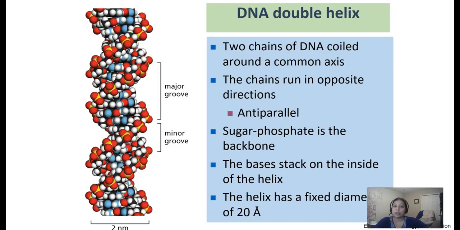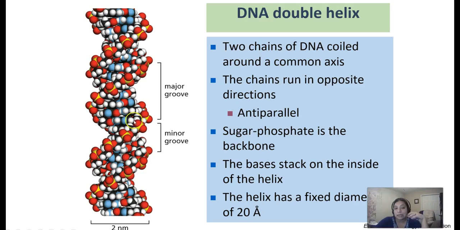So the double helix that comes out of the DNA is basically 2 DNA chains that are coiled around a common axis. Their chains run in opposite directions. So one is 3' to 5', while the other is 5' to 3'. So they are basically anti-parallel to each other. The sugar phosphate backbone is what is visible towards the outside, while the bases are stacked on the inside of the helix.